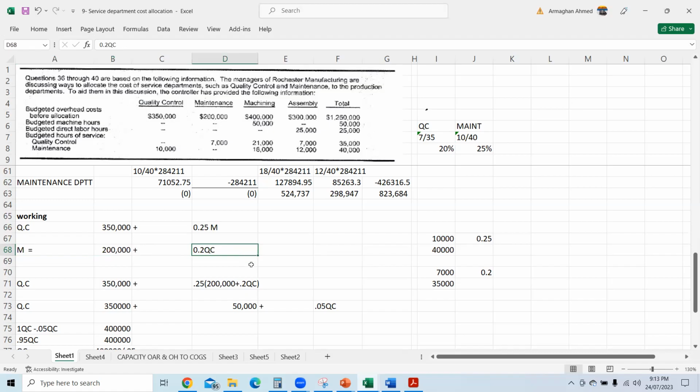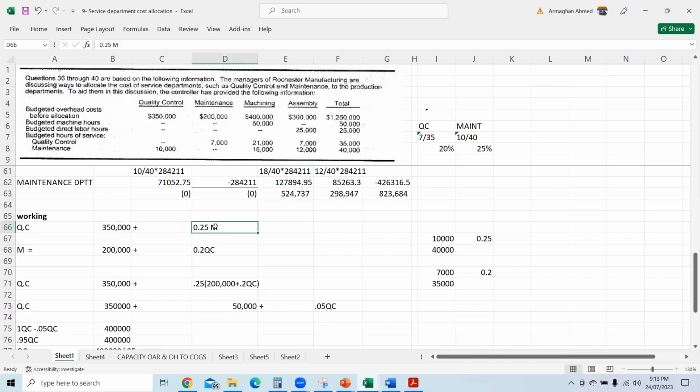Agree? Right? So again, I'm telling you, first of all we should find out what the total cost of quality control will be. Quality control own cost is 350, but 10 over 40, that is 25%, it will receive of maintenance.